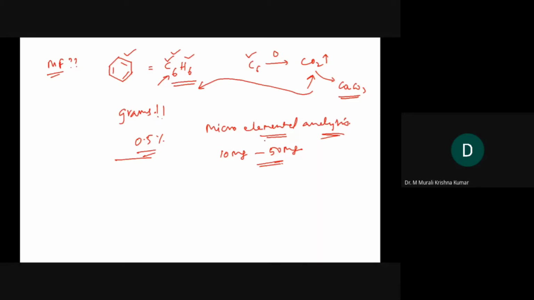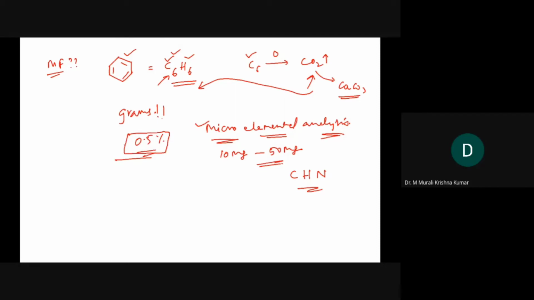Whenever we synthesize a compound, we submit the sample for microelemental analysis, which is also called CHN analysis. Carbon, hydrogen and nitrogen content is what we determine in our organic compound by using this. These methods also depend heavily on classical chemistry methods, so here also you will have an error percentage close to 0.5%.